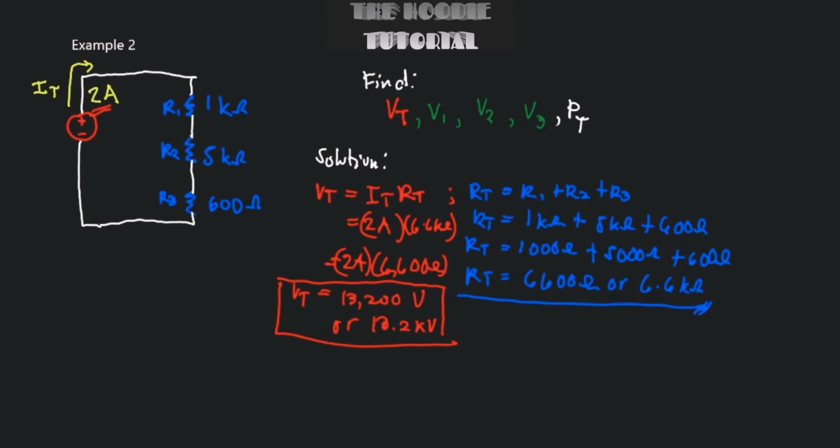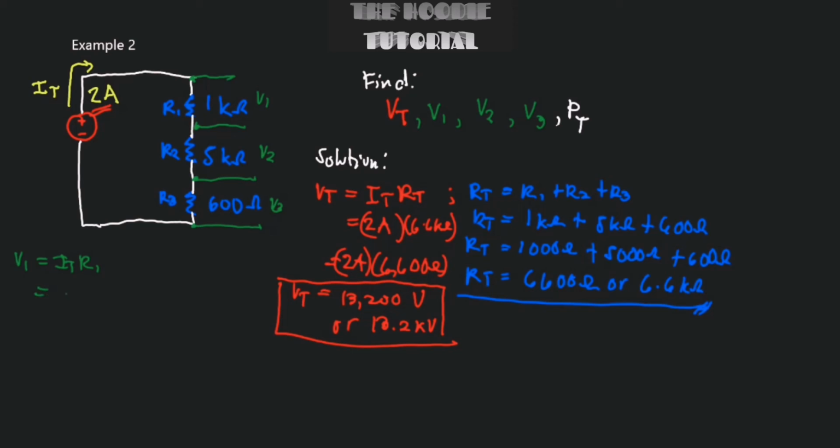Now we need to find V1, V2, and V3, which are the voltages across the resistors. We have V1, V2, and V3. We can use Ohm's law, and we could also use the voltage divider. Since Ohm's law is a lot easier, let's use it. V1 is equal to IT, or I1, multiplied by R1.